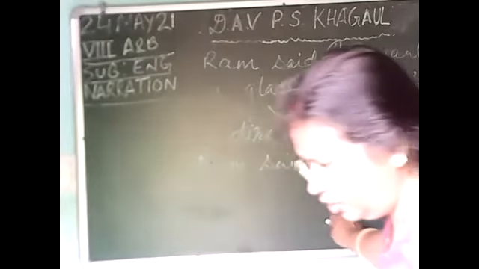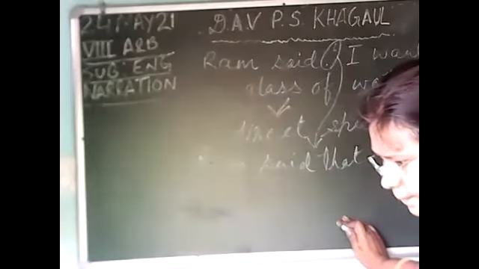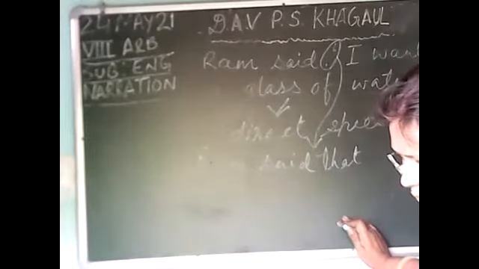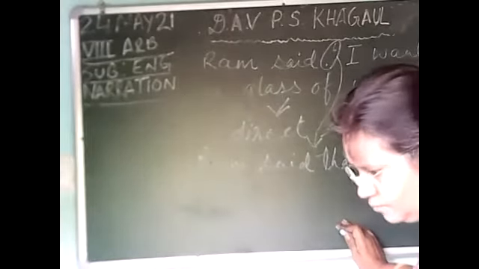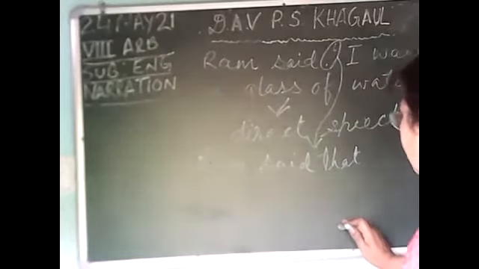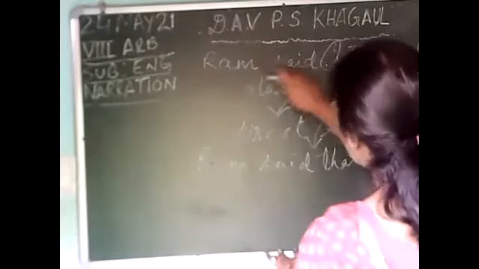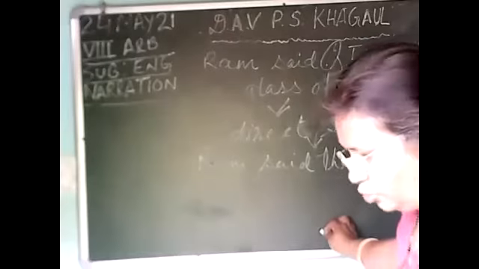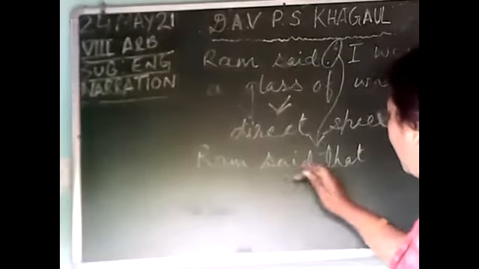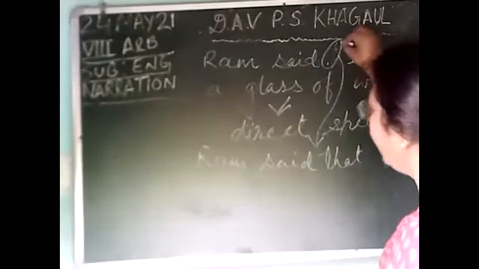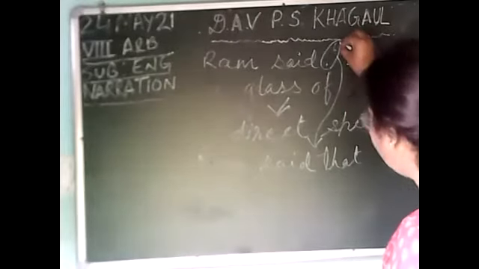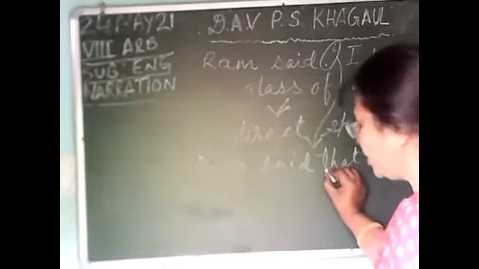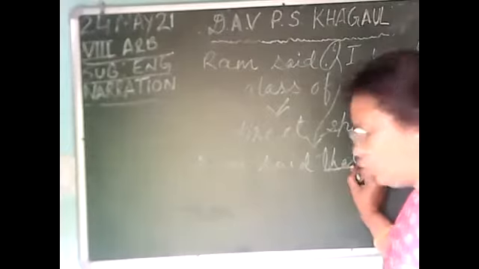Blackboard is visible or not? I'm explaining it. I will explain when we will use told. Here it will be Ram said, and comma and inverted comma will be removed and conjunction connector that will be used.